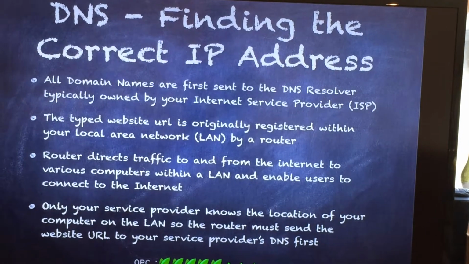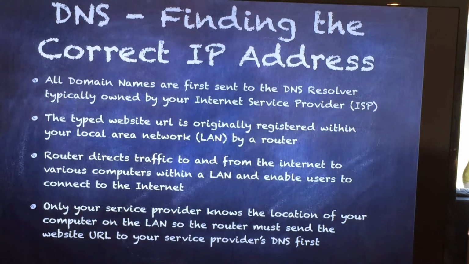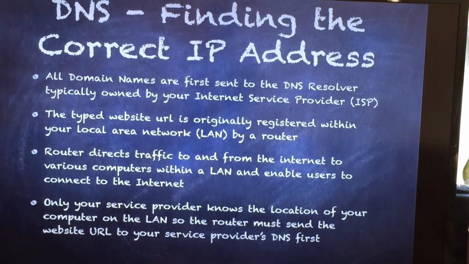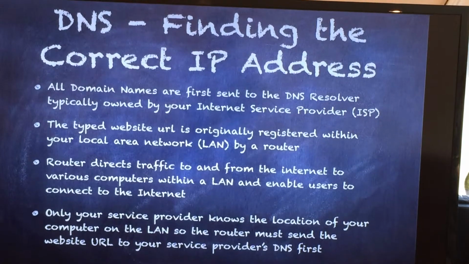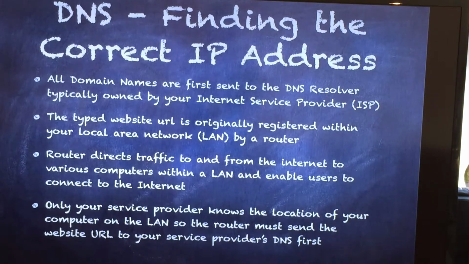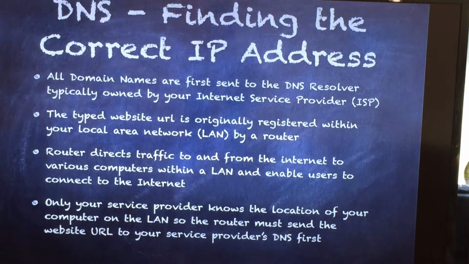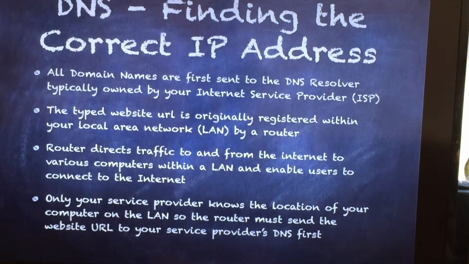And this website URL within your local area network is registered by a router. A router is simply a device in your home that directs traffic to and from the internet to various computers within a local area network. The router also enables users to connect to the internet.